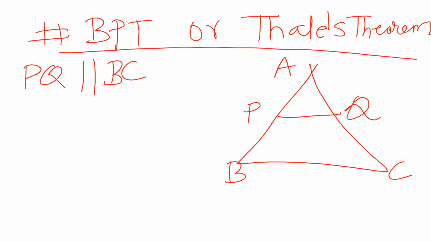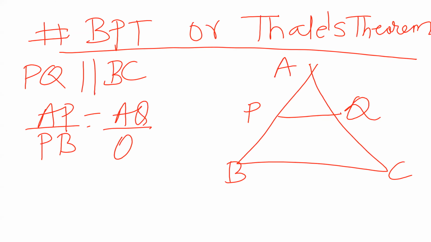If PQ is parallel to BC in triangle ABC, then AP by PB is equal to AQ by QC.